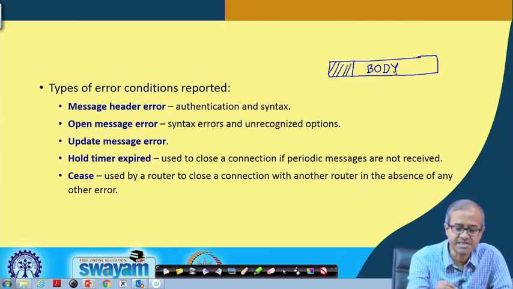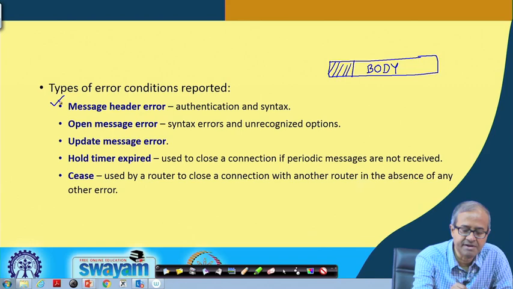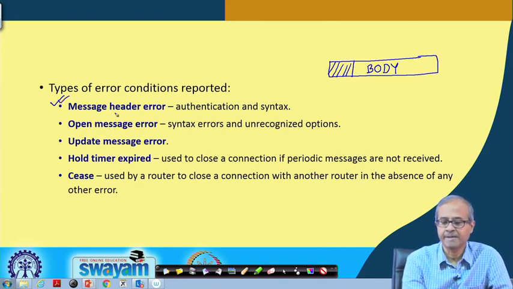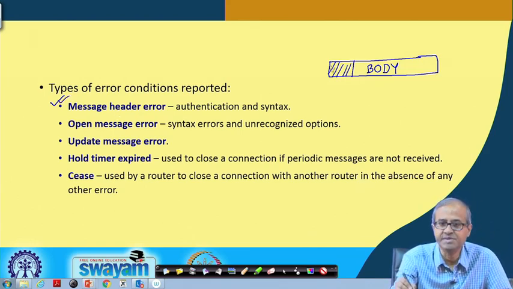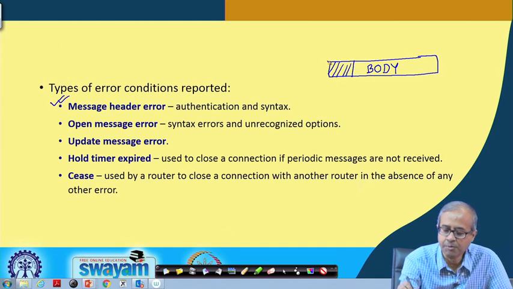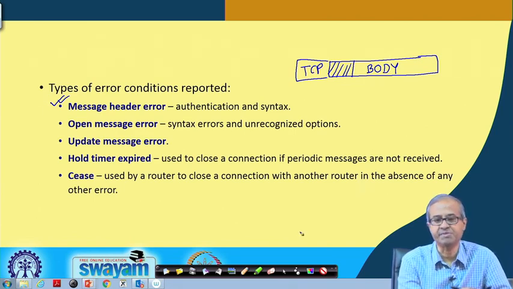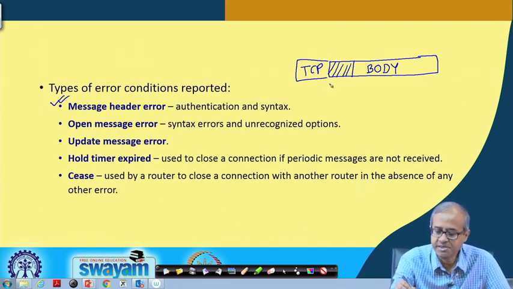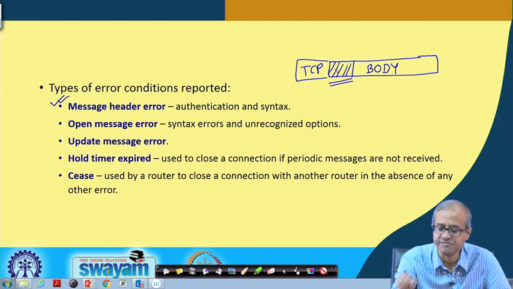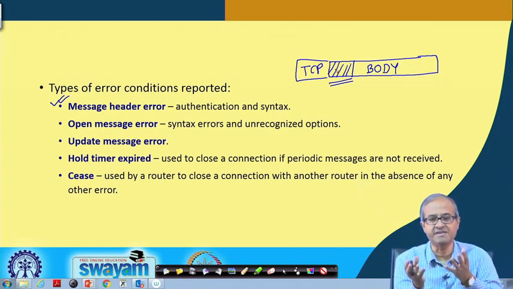Now, the first thing is that there can be some error in the header, like this is the BGP header. On top of the BGP header, TCP will be including its own header to make it a TCP packet. It may so happen that there is some erroneous information in the header part, some of the fields which are invalid.